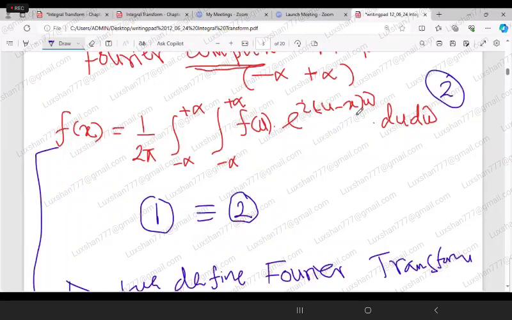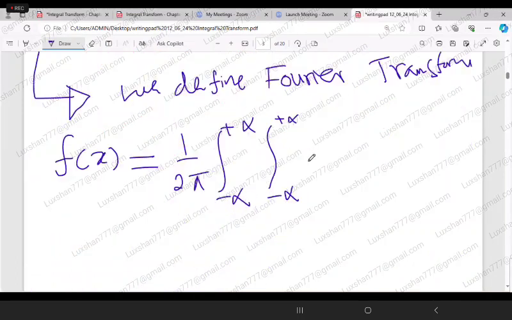Here we are splitting this power i u omega minus i x omega. So we can write it as f(u) e to the power i omega u du.